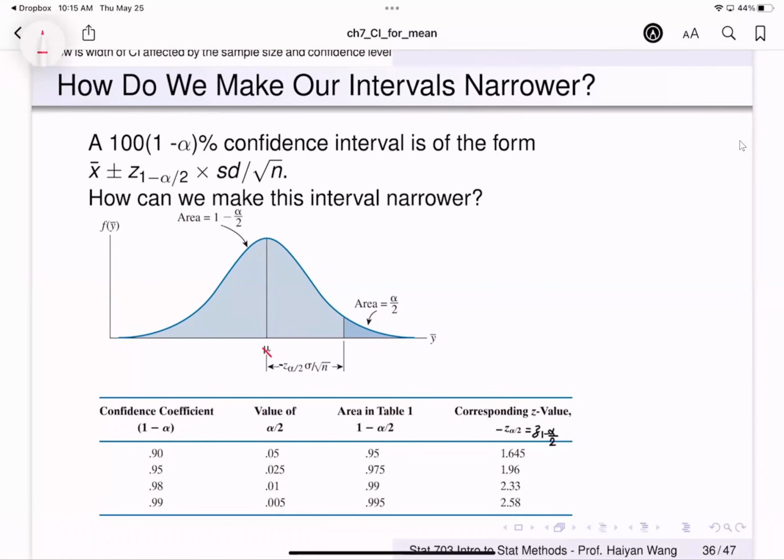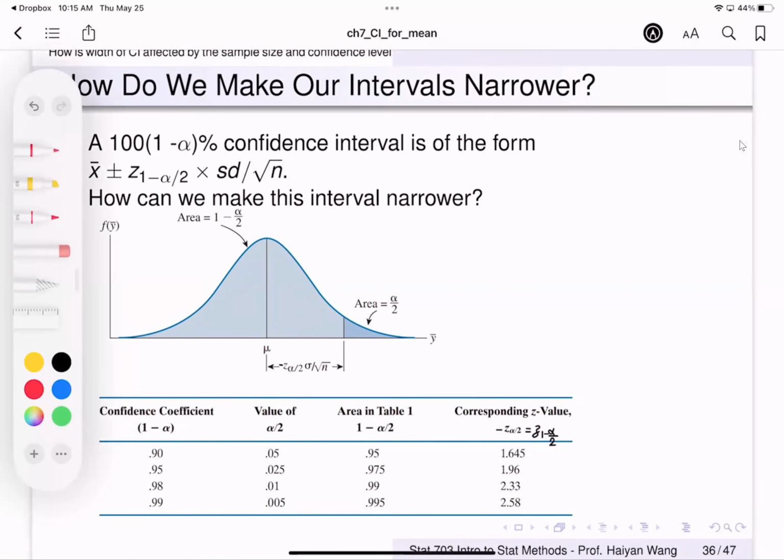So when we consider the interval, here is the center, which is the x bar, and we move to the left a certain amount and to the right a certain amount. How much do we move? This is simply the z, the percentile, times the standard deviation over square root of n.